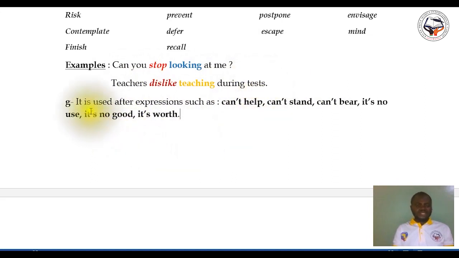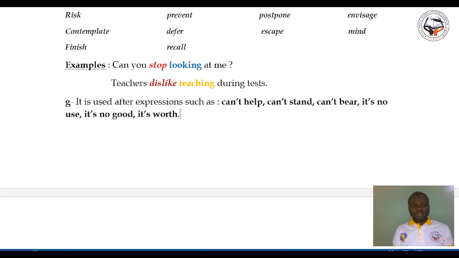Okay, next, the following use of the gerund is, it is used after expressions such as can help, can stand, can bear, it's no use, it's no good, it's worth.